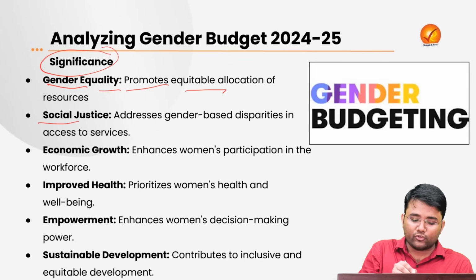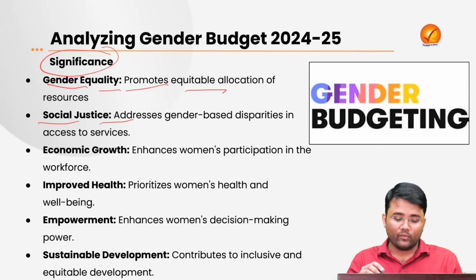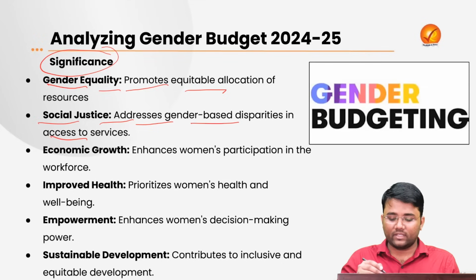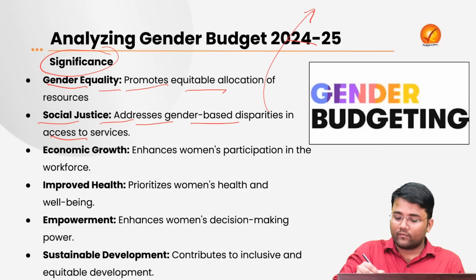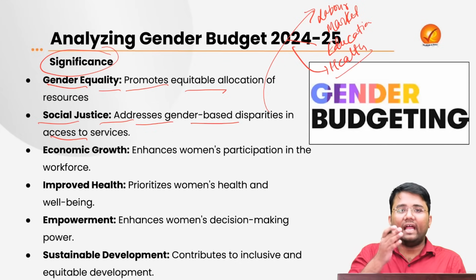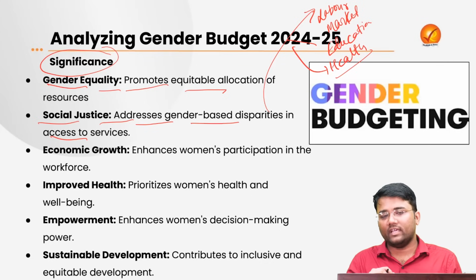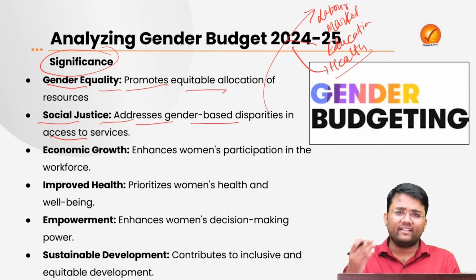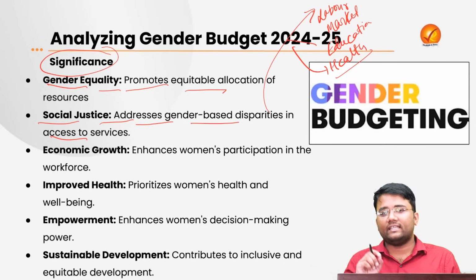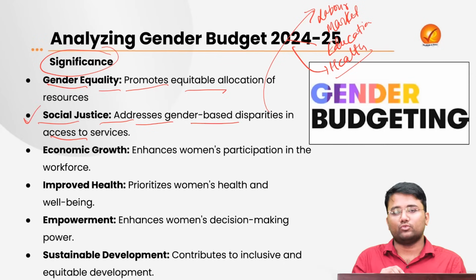It also ensures that there is social justice, where it is addressing the gender-based disparities in access to services, whether it is access to the labor market or access to educational facilities or access to health facilities. Since women are already at a disadvantaged position, because of gender stereotyping, patriarchy, etc., they need special attention, and by giving that special attention, we can ensure this social justice.